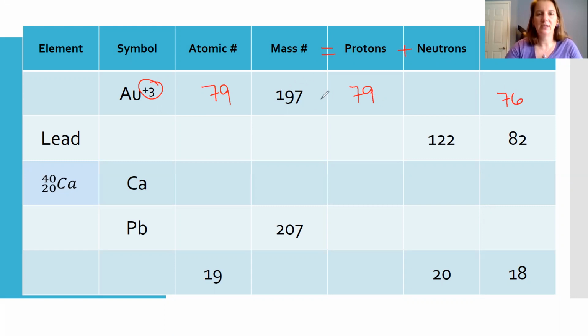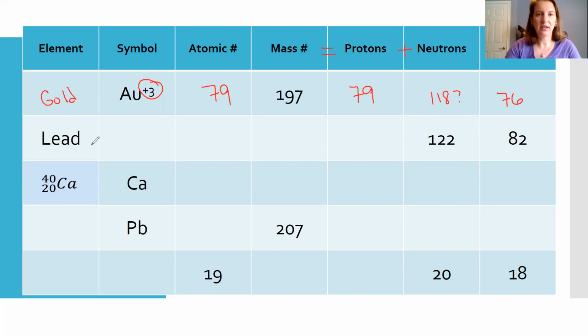So we have to subtract the protons from the mass number to get our number of neutrons. So that's going to be, oh gosh, 118? Did I do my math correctly? You can check me on that. And then our element symbol over here is going to be gold.